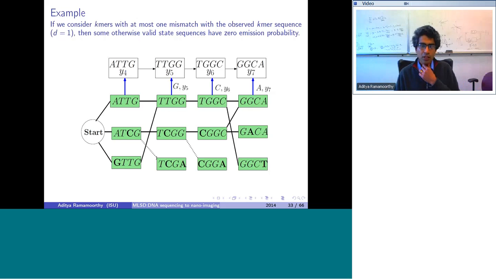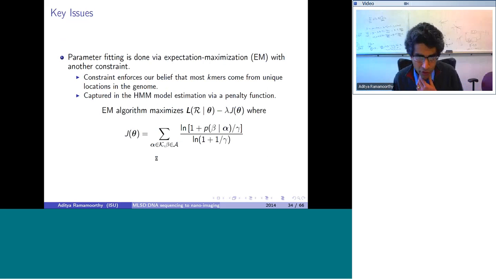Now the last key point here is parameter fitting. If you go back to your Rabiner tutorial on expectation maximization for fitting HMM parameters, we know the Baum-Welch algorithm, which is very well established. But if you do that directly here, without enforcing the belief that k-mers come from unique locations in the genome, you have an overfitting problem.